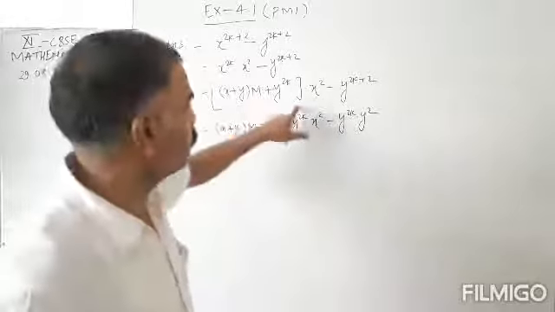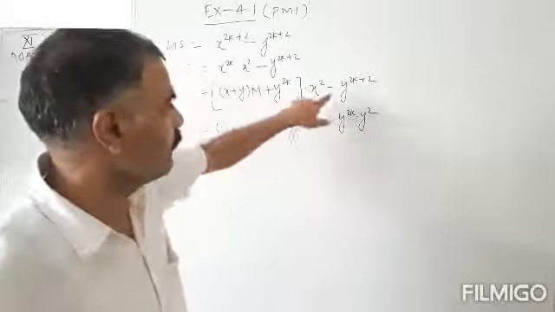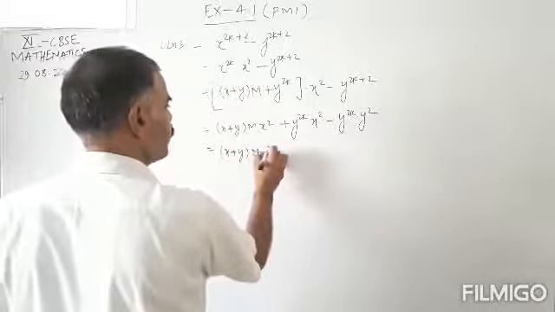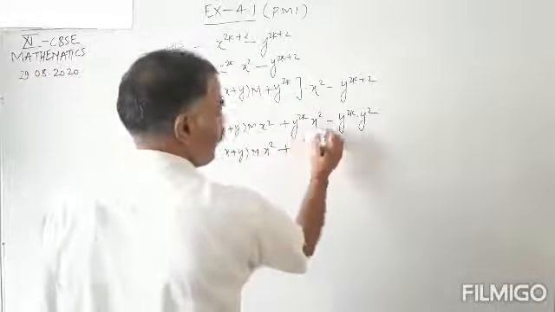This is equal to x plus y into m into x square plus, taking y to the power 2k as common, x square minus y square.